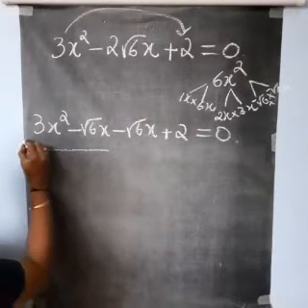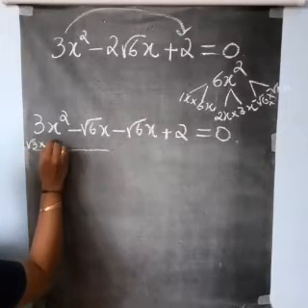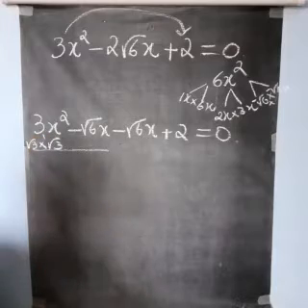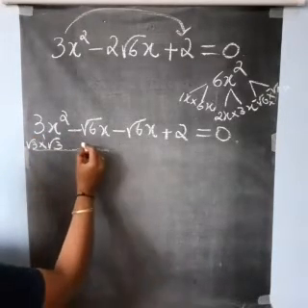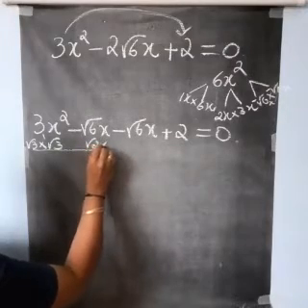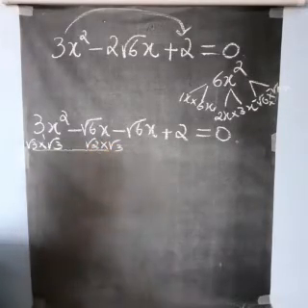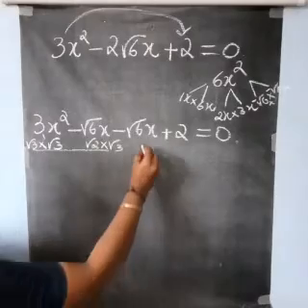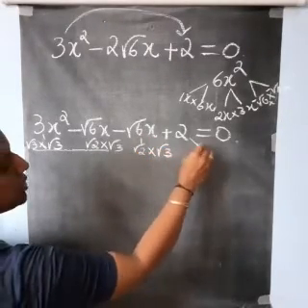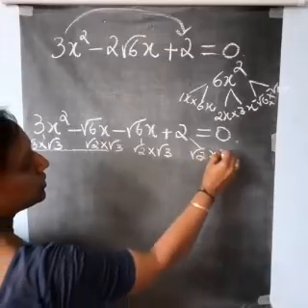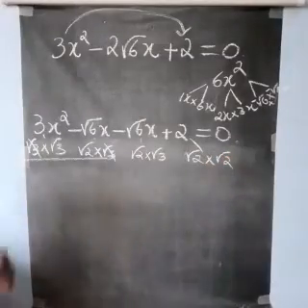So what will it be? 3 will be root 3 into root 3. What is root 6 going to be? That will be root 2 into root 3. Correct? Okay. So same way, this will be root 2 into root 3 and 2 will be root 2 into root 2.